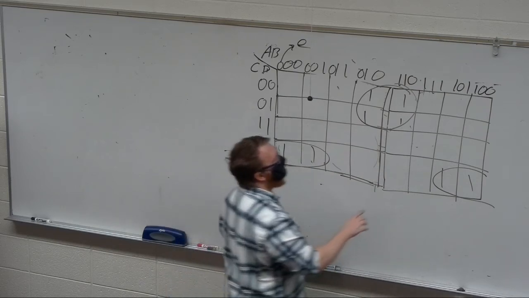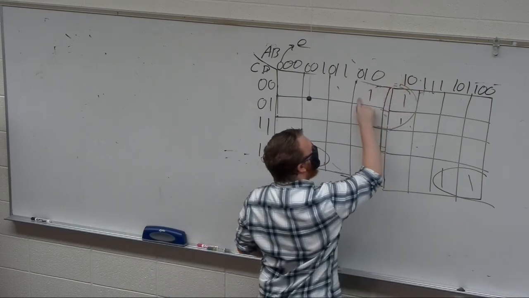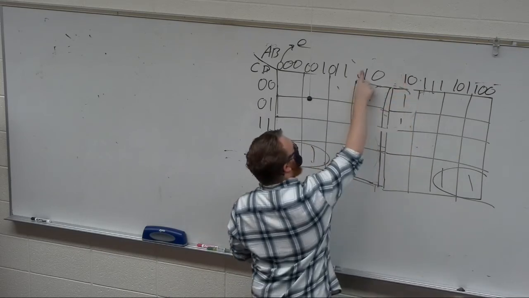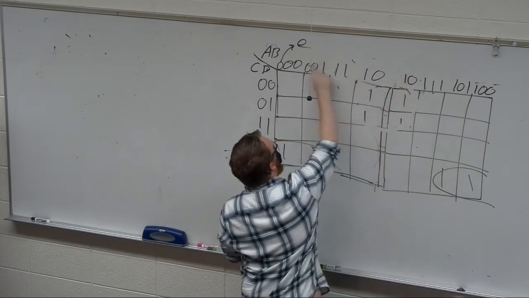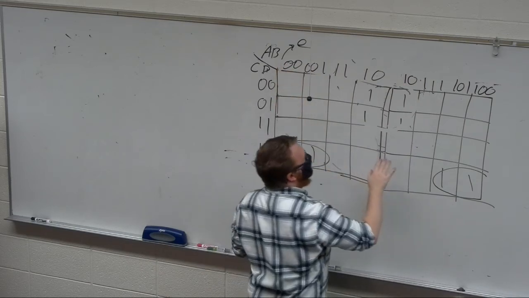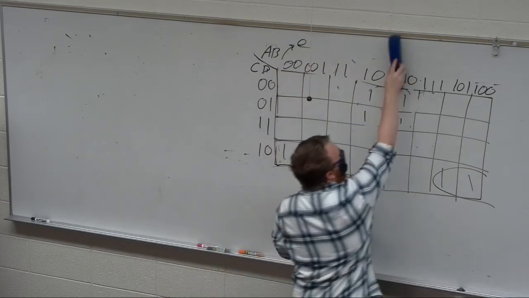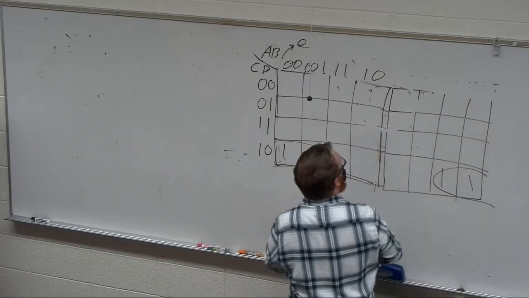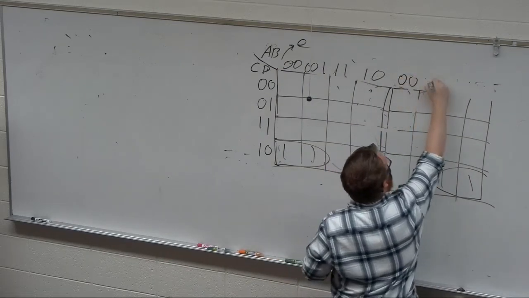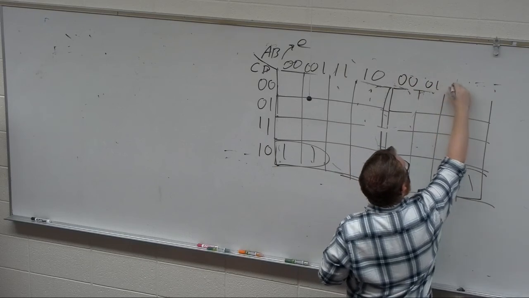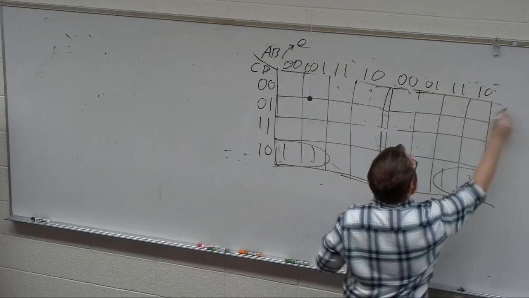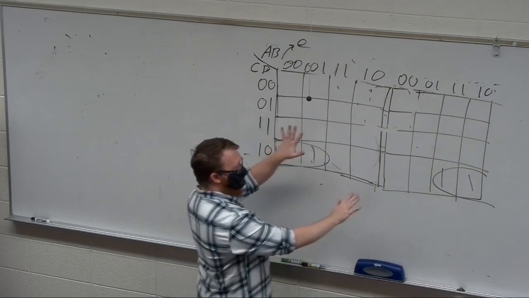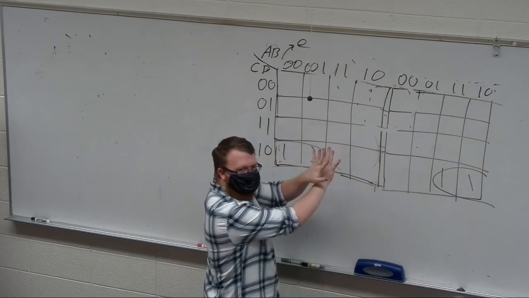Another way of doing this is instead of having these terms here, you draw, let me just start fresh. You draw it the exact same way, and then you imagine picking this one up and sliding that one underneath.